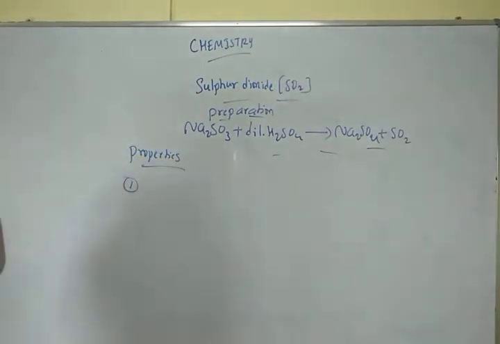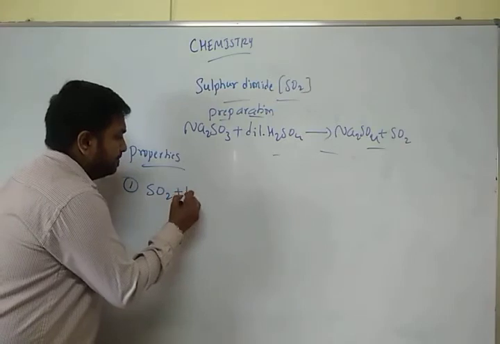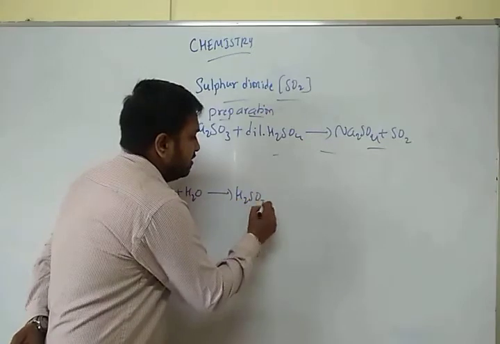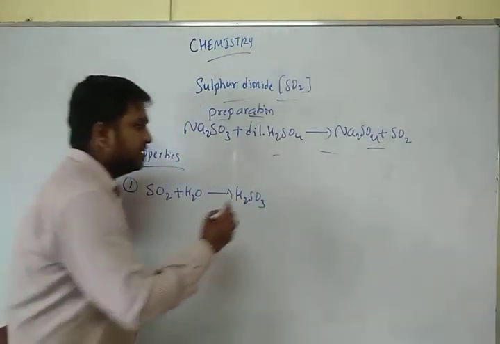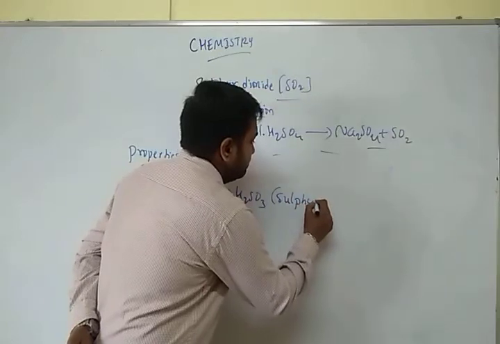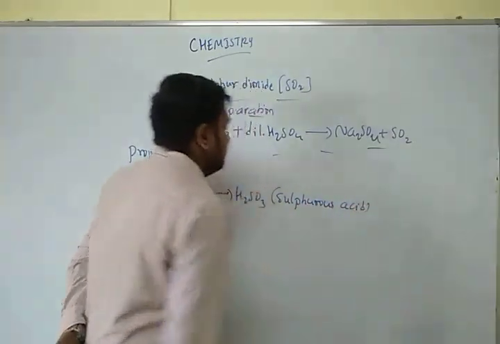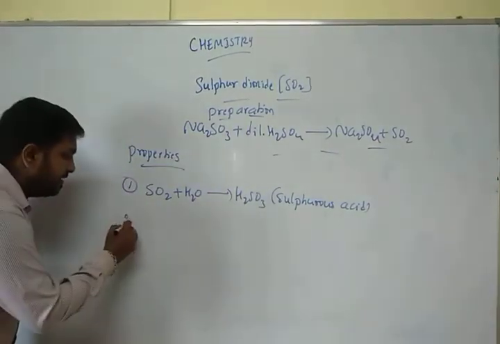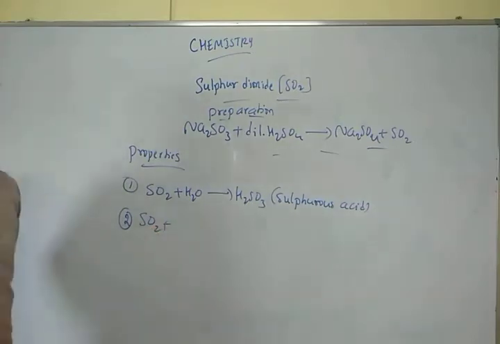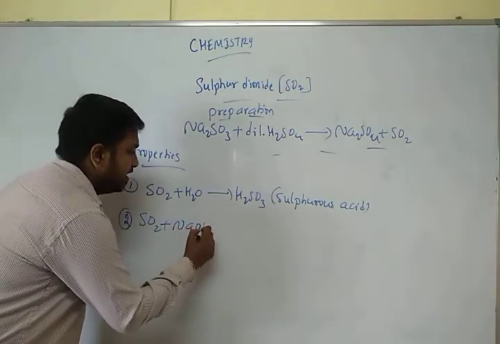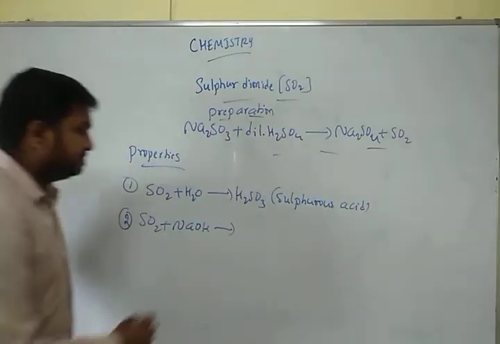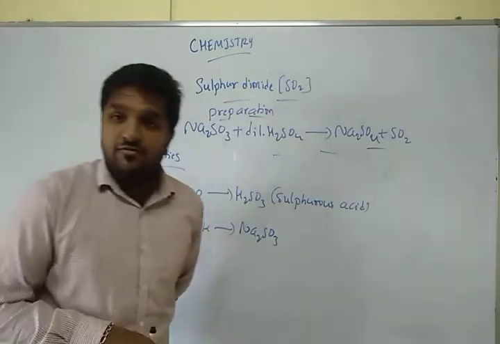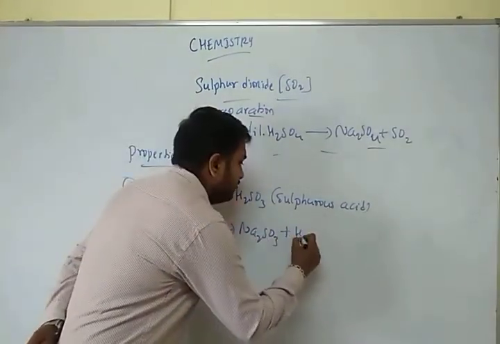this sulfur dioxide, when it is treated with water, forms an acid called sulfurous acid, H2SO3. When this SO2 is treated with sodium hydroxide, a base, it forms Na2SO3, that is sodium sulfite, with the liberation of water molecule.